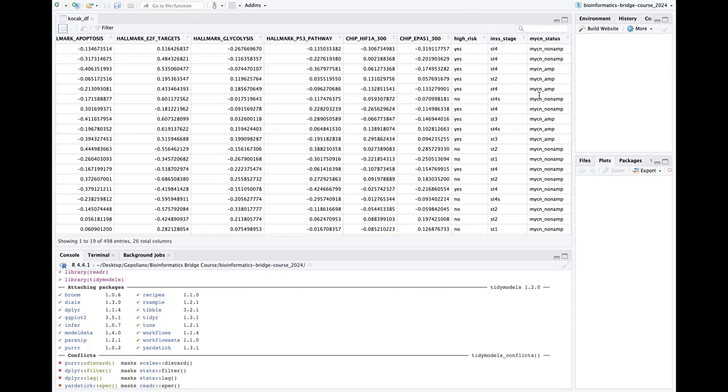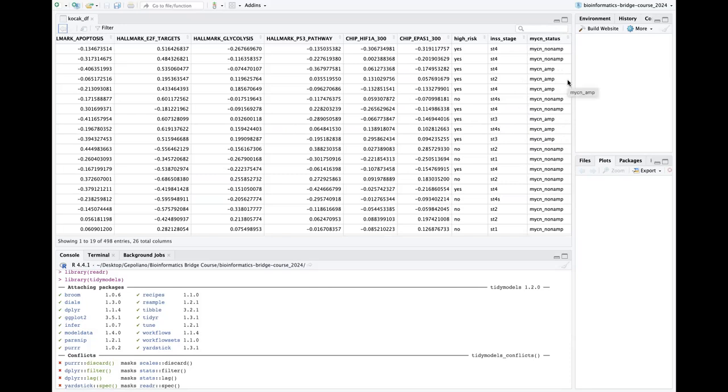These are variables that tell a lot about the high risk category that a patient can belong to. And so you guys know that MYCN is a variable that has a very high impact on the high risk.